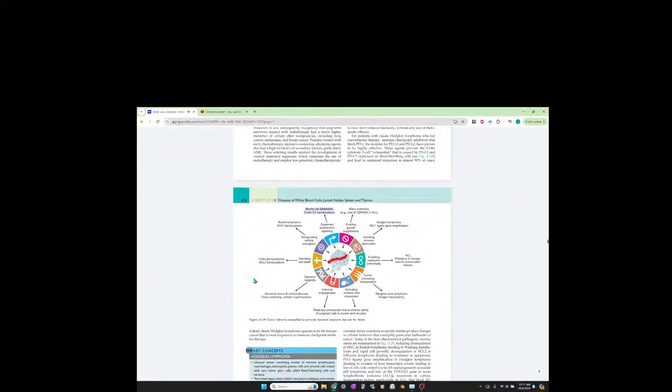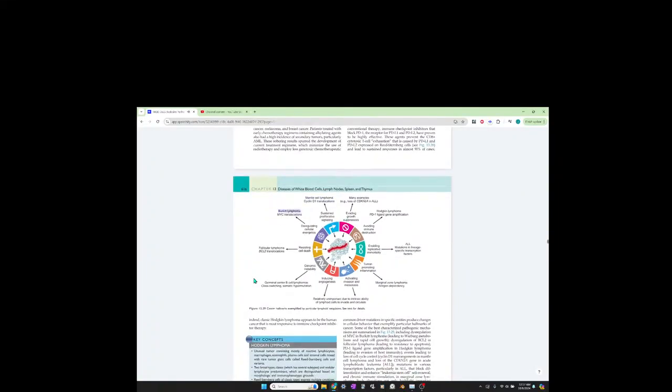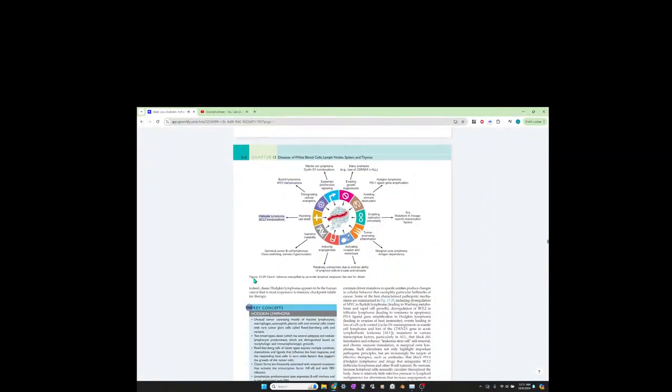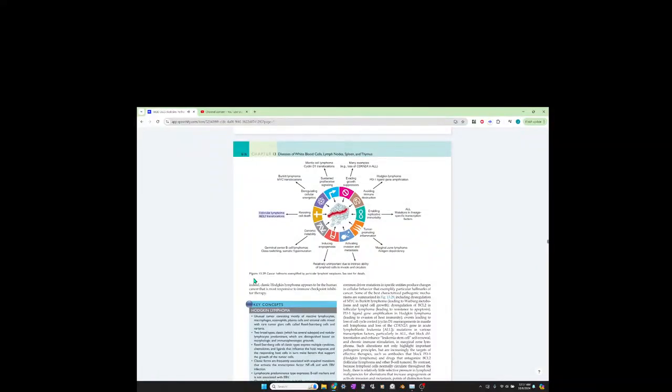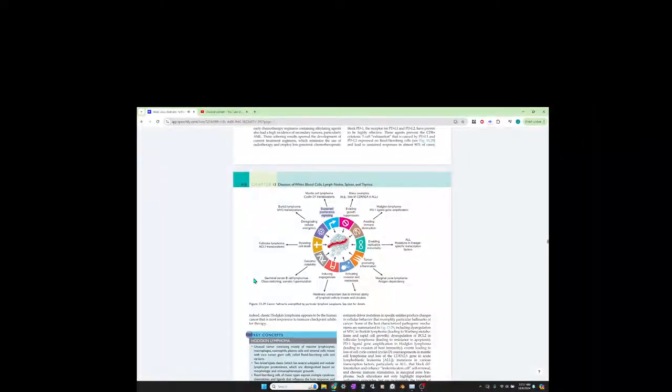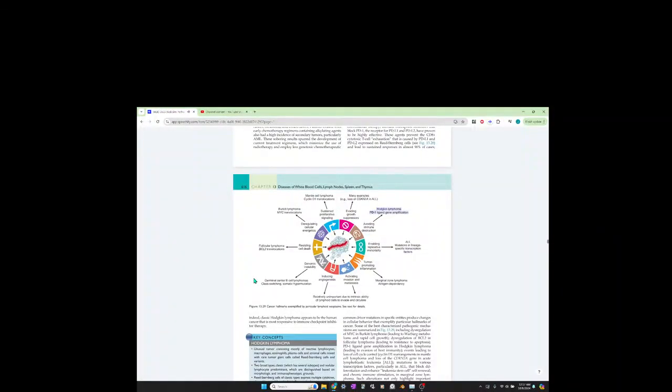Mantle cell lymphoma, cyclin D1 translocations. Burkitt lymphoma, MYC translocations. Follicular lymphoma, BCL2 translocations. Sustained proliferative signaling, evading growth suppressors. Hodgkin lymphoma, PD-1 ligand gene amplification.